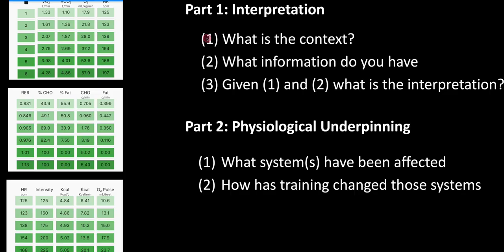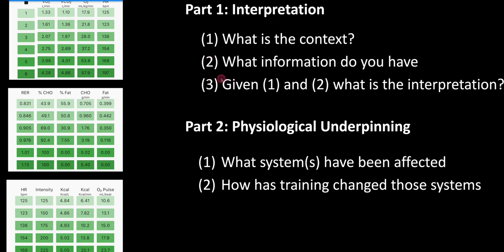Part one, what's our interpretation? So what's the context? Context is it's a snapshot that we have to give some feedback on, and we have to give that feedback in terms of the likelihood of this individual being able to take part in the men's elite race. Does his VO2 max suggest that he's there or thereabouts, or does it suggest that he's a long way off?